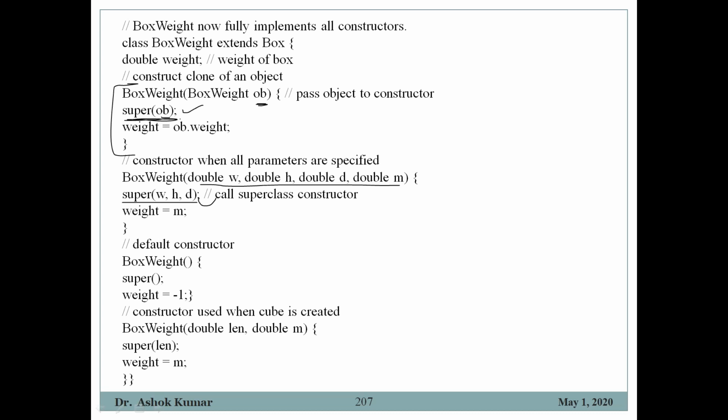That's why I have written over here super(). Again, this is the constructor of the subclass, and this is the non-parameterized constructor. In this we are using super and then empty parenthesis. So this will call the non-parameterized constructor of the superclass.